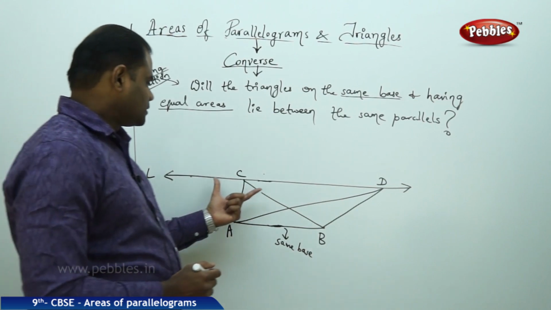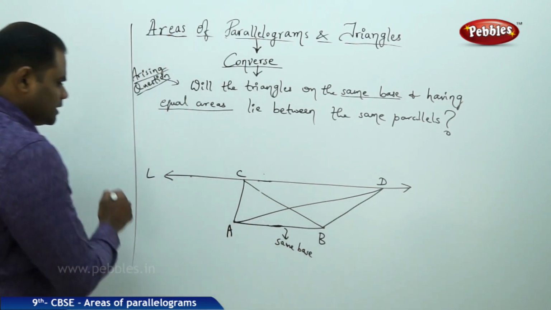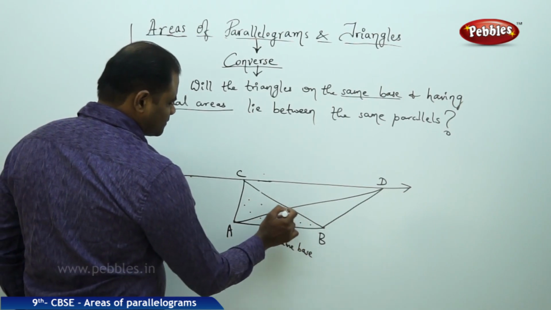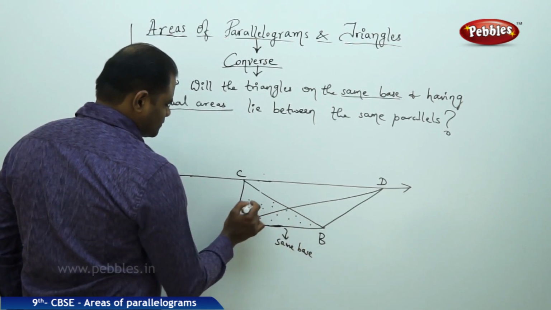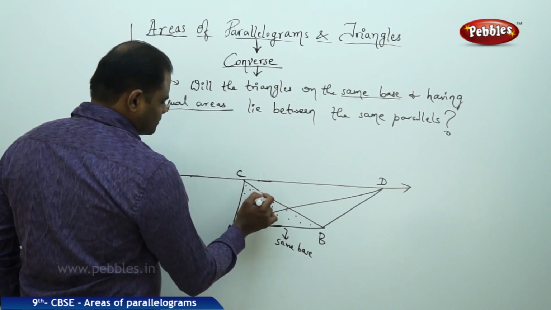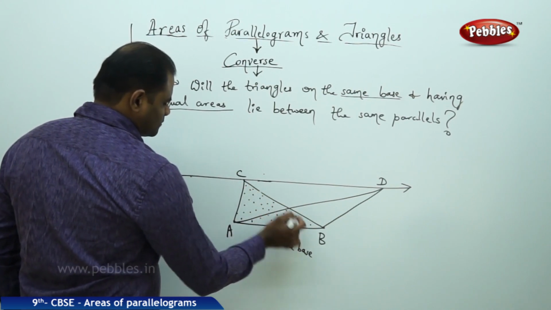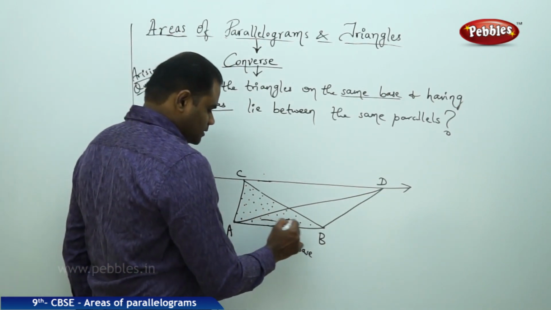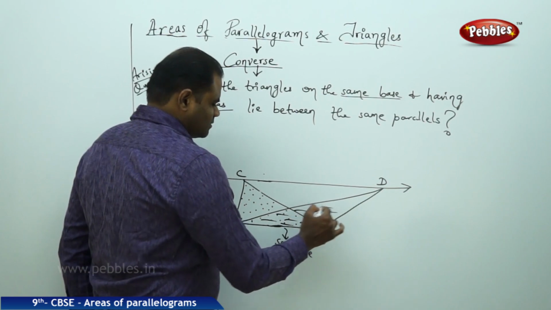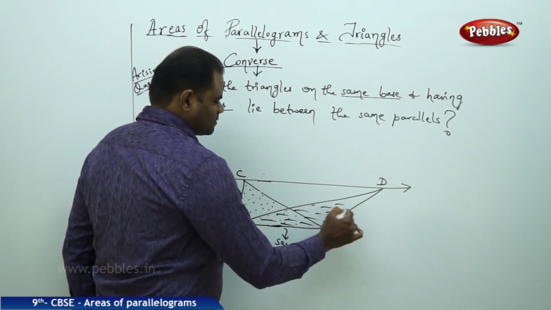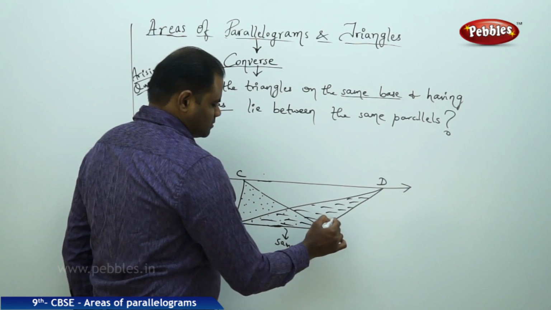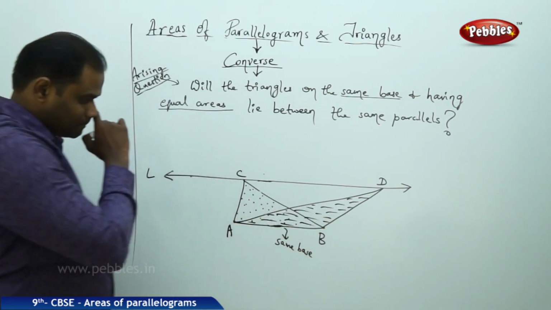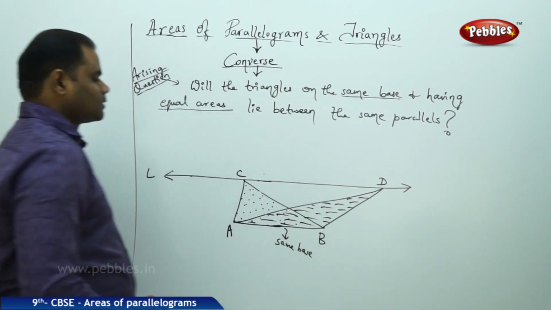So in order that we have the same base, let's take the first triangle ABC, and the second triangle is ABD. Okay.